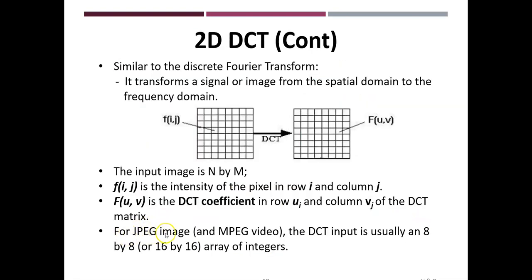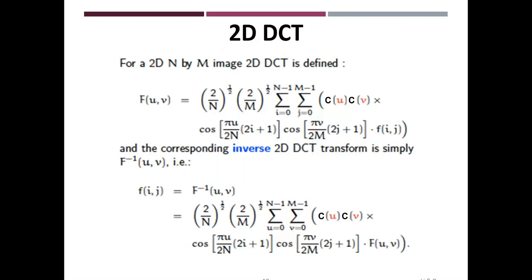For JPEG image and MPEG video, the DCT input is usually an 8 times 8 or 16 times 16 array of integers. Usually kita akan gunakan 8 times 8. Kita akan pecahkan kita punya pixel tu kepada 8 times 8. Usually yang you guys akan guna adalah 8 times 8. In 2D DCT, this is the formula to calculate two-dimensional DCT, and this below part is the inverse 2D DCT.